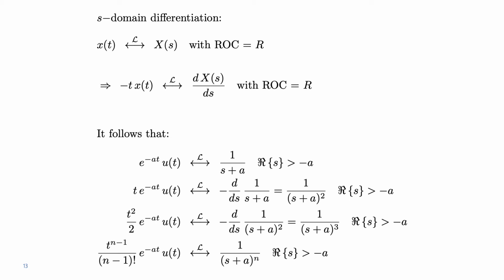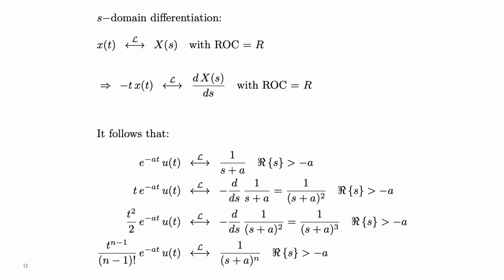And this is how we come up with the second of the lines at the bottom of this slide, which says that t e to minus at u of t corresponds to 1 over s plus a squared. So from now on, when we have to anti-transform a term of the second order, like 1 over s plus something squared, we know that the anti-transform basically has a term t, which is introduced, that multiplies the exponential.